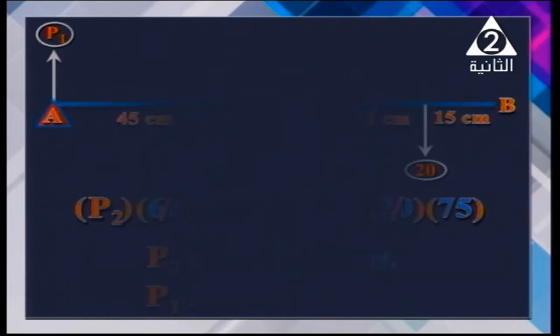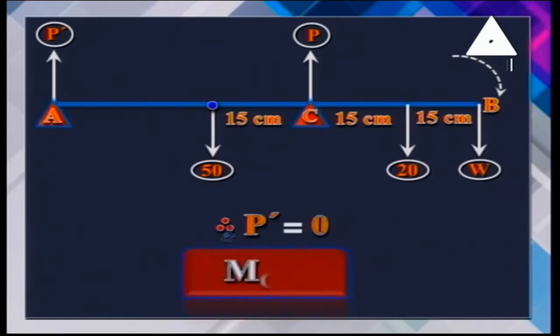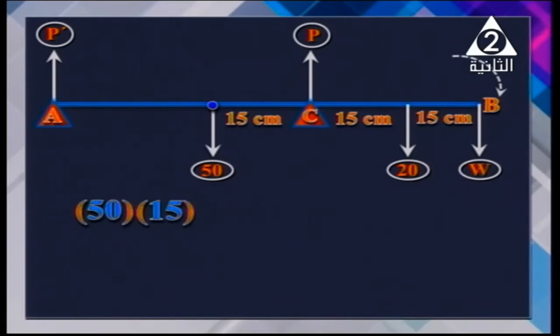Look at, my dear student, the weight at B is W. Moment about C equals 0. Look at about C. We have forces, but the force at C has moment equal to 0.